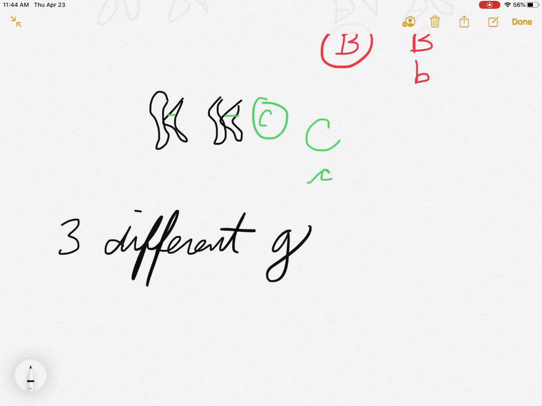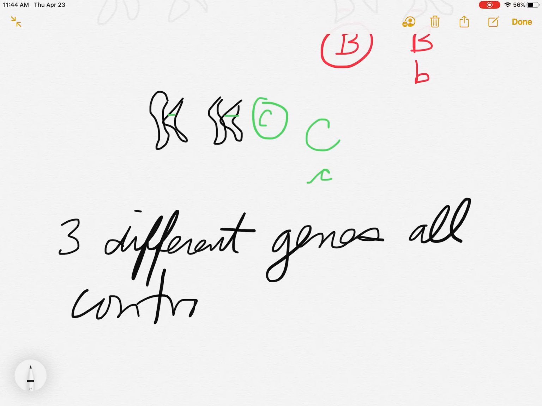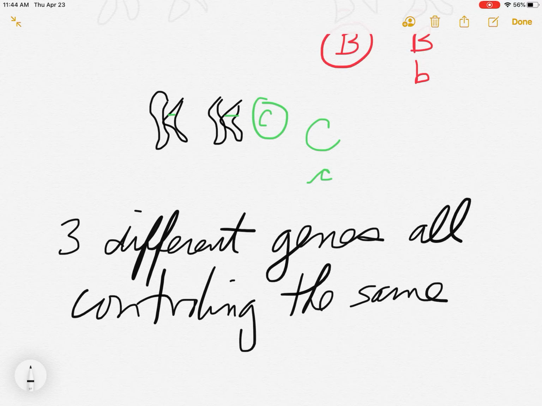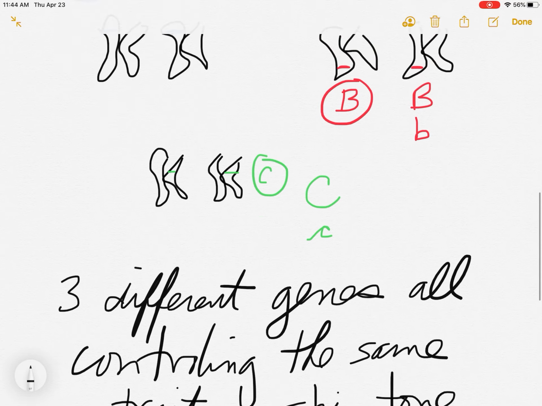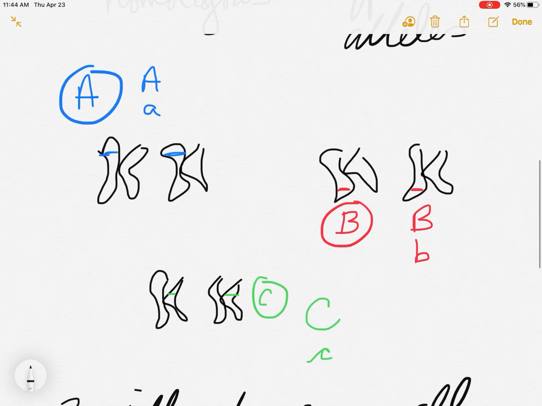So what we have now are three different genes all controlling the same trait. This is going to get really complicated. And the example we're going to use is skin tone, how dark or light your skin is.